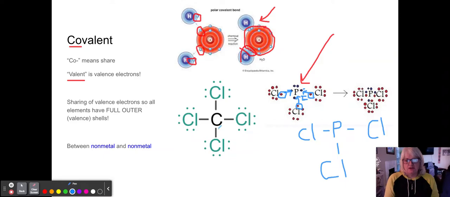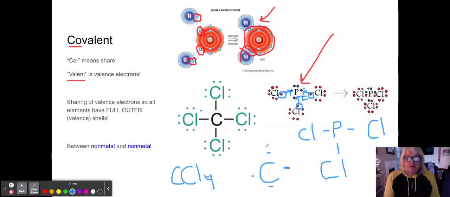Okay, so then over here, just another quick one to show you. You've got carbon with 4 chlorines. This is CCl4. That's hard to write. Chlorine, much like what we showed here, has 7 valence electrons, so it needs 1 more valence electron. Carbon has 4 valence electrons. 1, 2, 3, 4. If I do the Lewis dot structure, pretend those are dots, not lines.